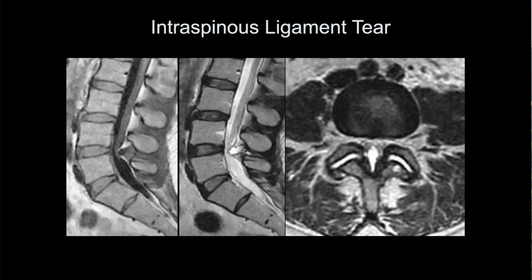And here's a chronic degenerative interspinous ligament tear as opposed to an acute traumatic one. You can see here that this is associated with a cyst associated with a ligament tear, which is compressing the thecal sac.